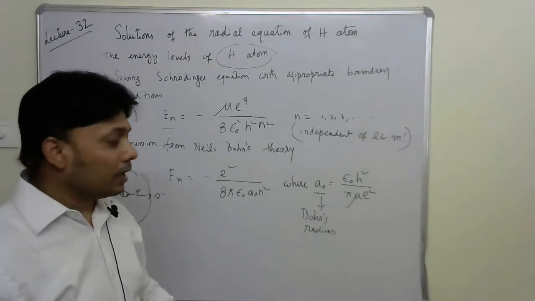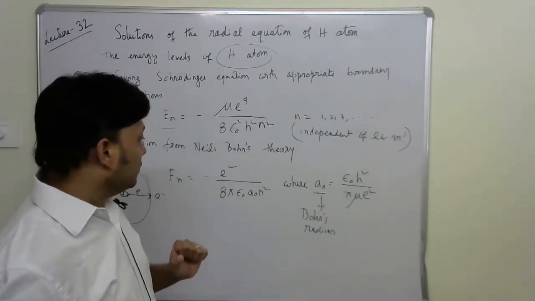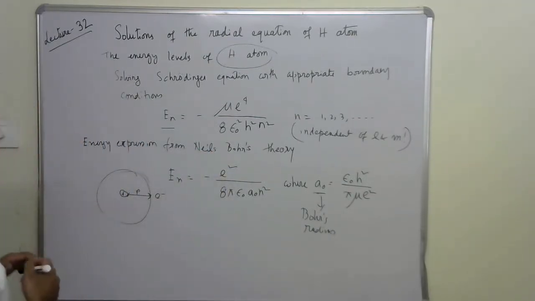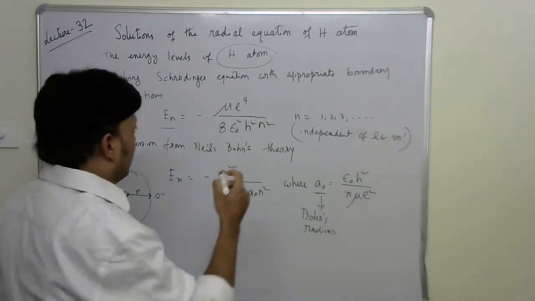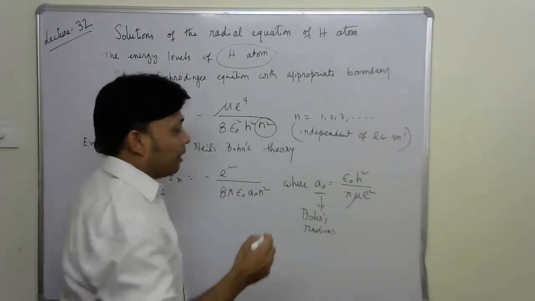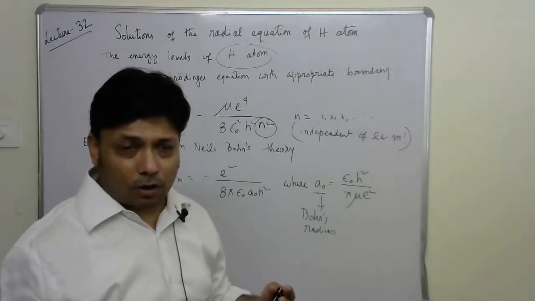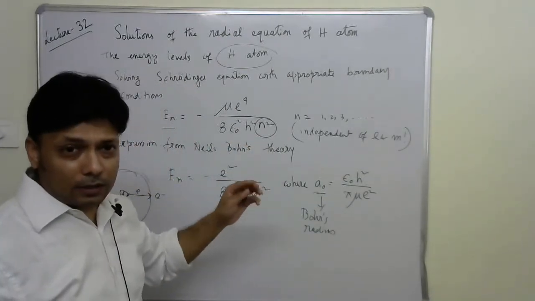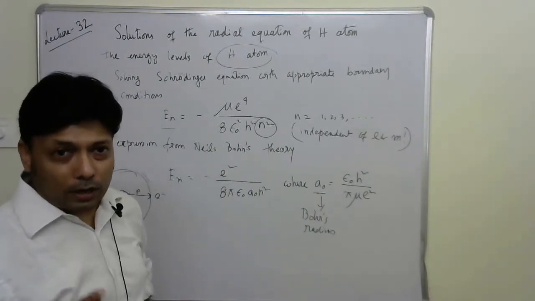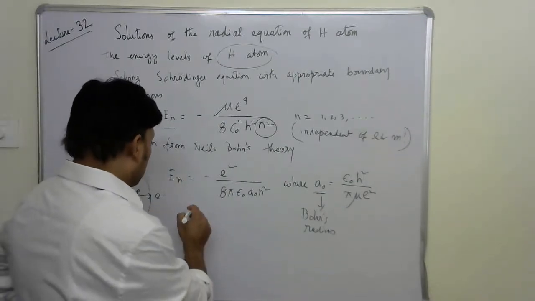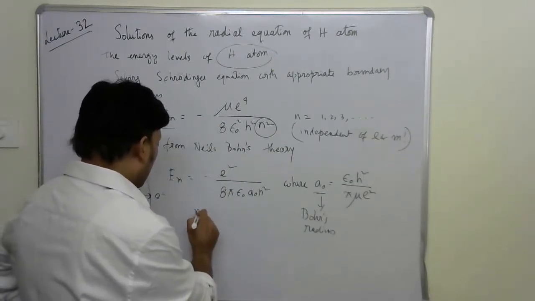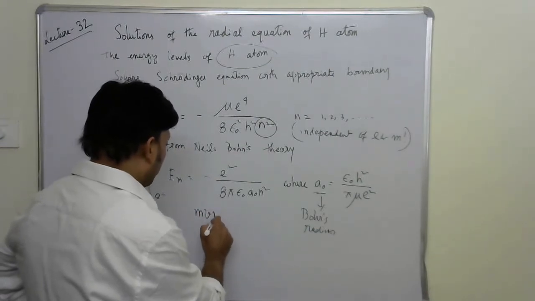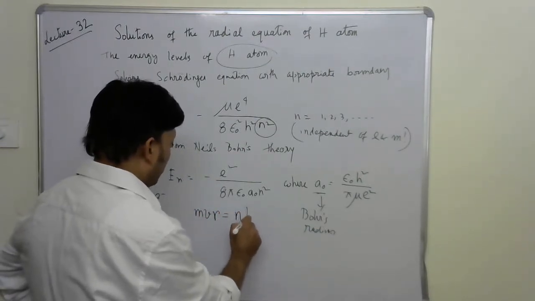All right, and the value of n here that came from the calculation of quantum mechanics, Niels Bohr used that value n in which context? Do you remember? Yes, he used that angular momentum mvr is equal to n h cross.